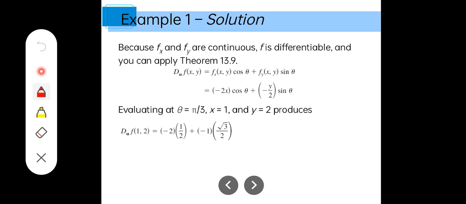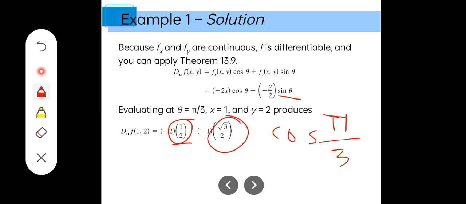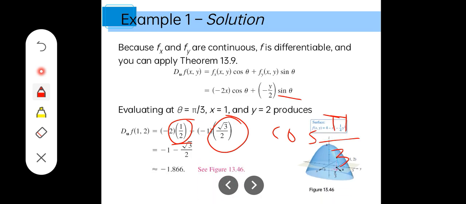For clarification, the value of θ here is π/3. In the unit circle, cos(π/3), which is 60 degrees, is 1/2, and sin(π/3) is √3/2. So we came up with the final answer, −1.866.